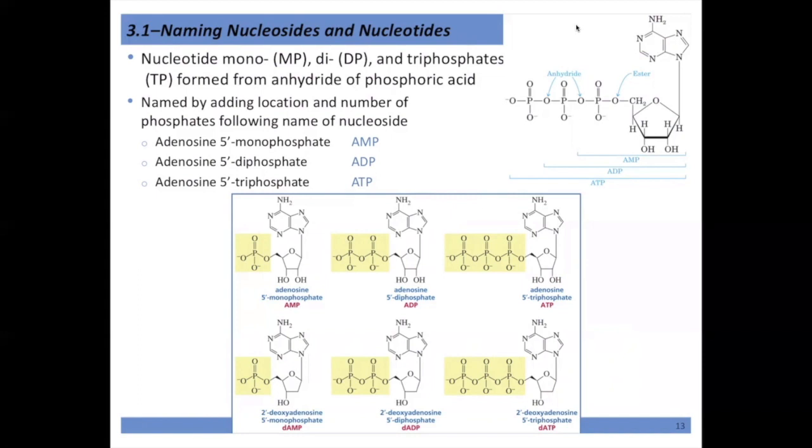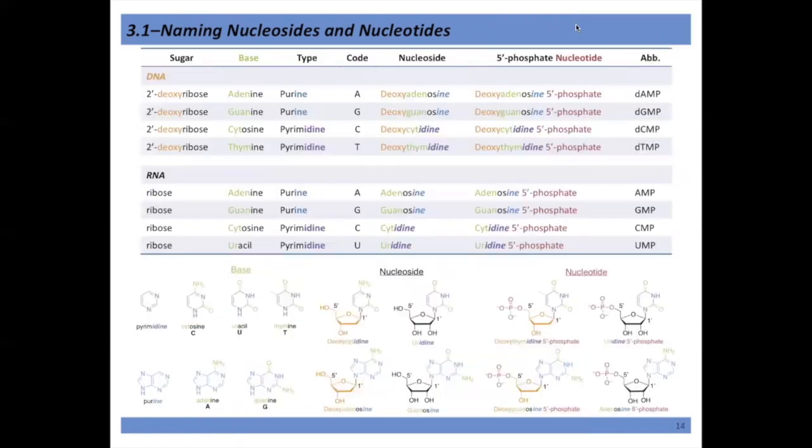So triphosphate, diphosphate, or monophosphate there. Anyway, this one right here, this is the least exciting of the molecules. He's kind of damp. So this is a way to understand where the nomenclature comes from.